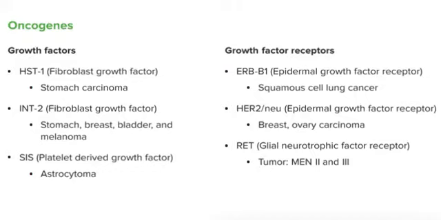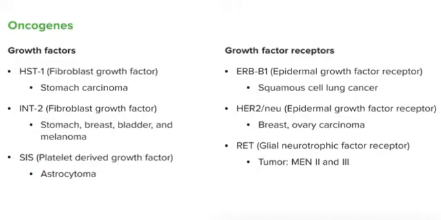ERBB1 and ERBB2. ERBB1 is the epidermal growth factor receptor, and ERBB1 is specific for squamous cell cancer of the lung, and that you have to know. Then we have ERBB2. How many breasts do you have? Two. The other name for this is also HER2-neu.